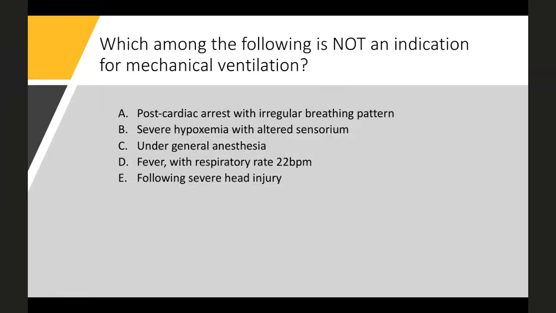Under general anesthesia, because we need to maintain oxygenation and ventilation, we have to do it. Following severe head injury also, we need an invasive airway and controlled ventilation. Fever with a respiratory rate of 22, first you correct the underlying causes, and if the condition advances, mechanical ventilation might come into the picture, but just with fever and respiratory rate, no way.